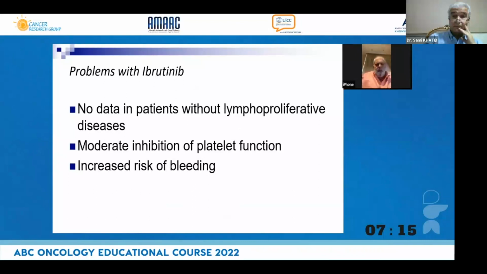But these were some observational studies that were published. The other thing that is important for ibrutinib is the moderate inhibition of platelet function, which is very important, and increased risk of bleeding. What evidence do we have?